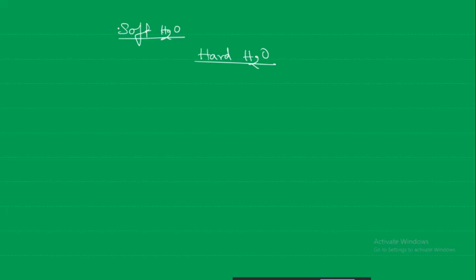So when we say that water is soft water, is there any way we can say it is soft water, or we say it is hard water? Someone wants to answer? Sir, water is said to be soft if it readily forms lather with soap.